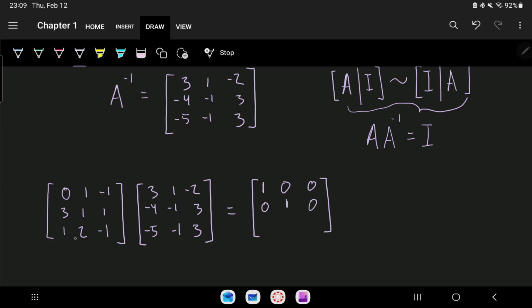Home stretch, we got 3 minus 8 plus 5 is not always obviously 0, but it is indeed 0. 1 minus 2 plus 1 is 0.